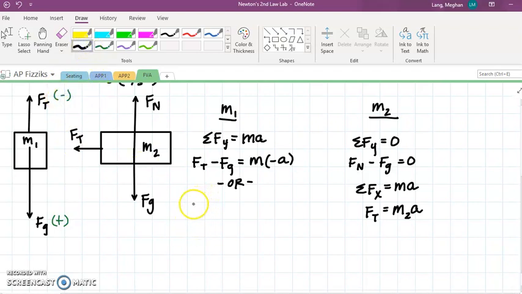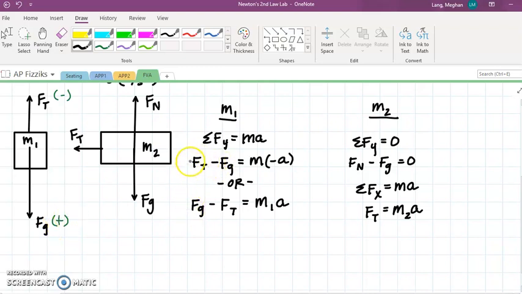So then when I sum my forces, Fg would be positive, Ft would be negative, and I can leave this as m positive a because in this coordinate system, I'm moving down, which is the positive direction. So in order to show that I'm speeding up, I would need a positive acceleration.